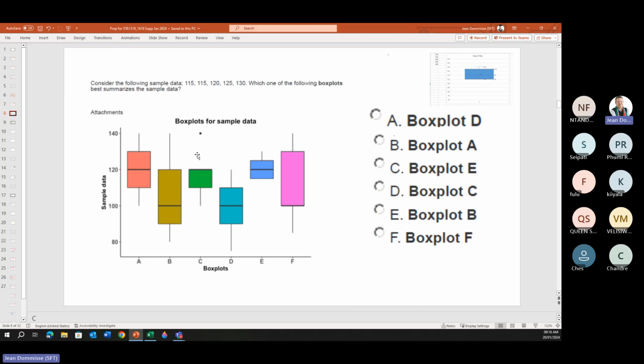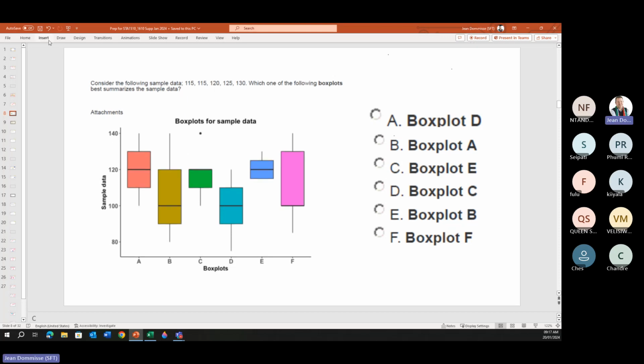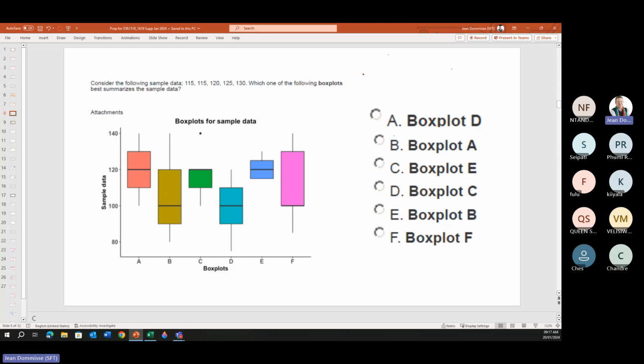So here now, nearly a summary of the things that you've done in study unit 3. This is looking at the box plot, and the things that we normally have in the box plot if I want to use it as a definition question.